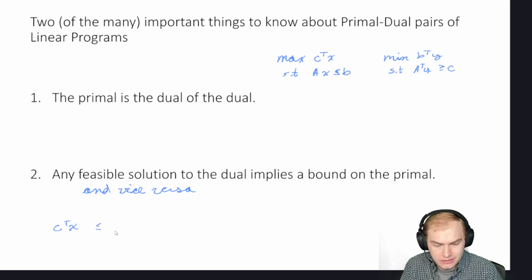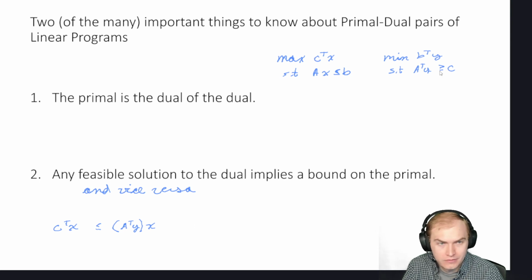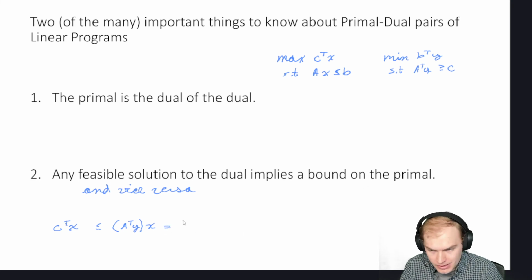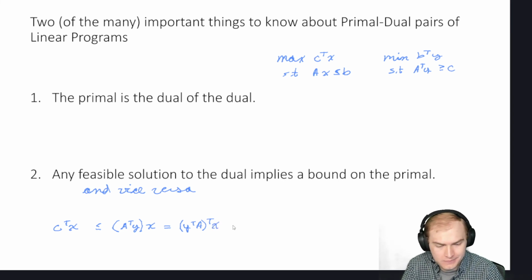Well, C is less than or equal to A transpose Y from our dual problem. But A transpose Y is the same as Y transpose A transpose X. Oh, correction.